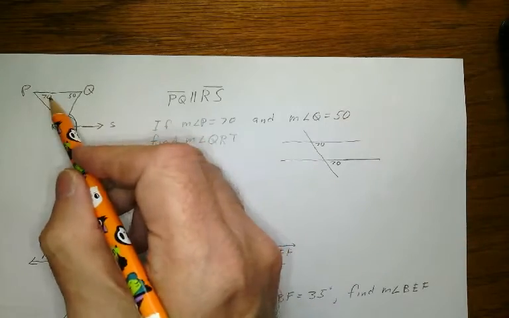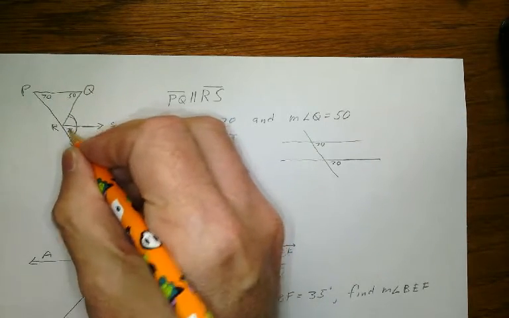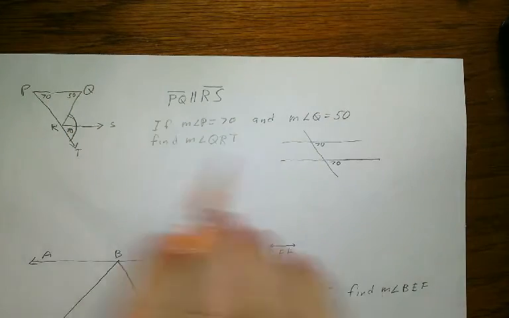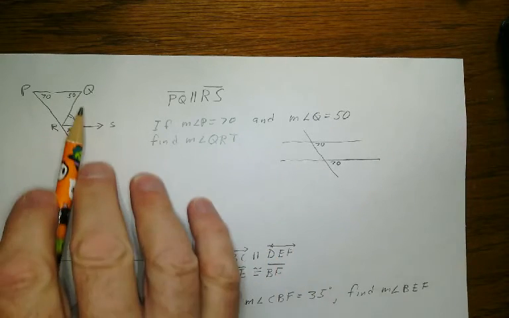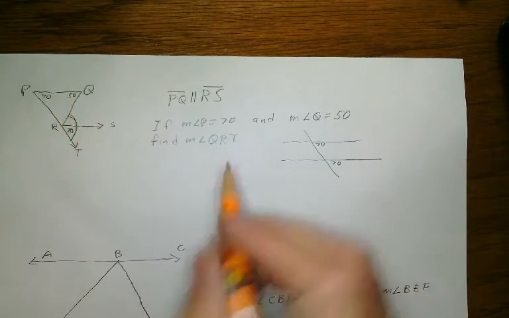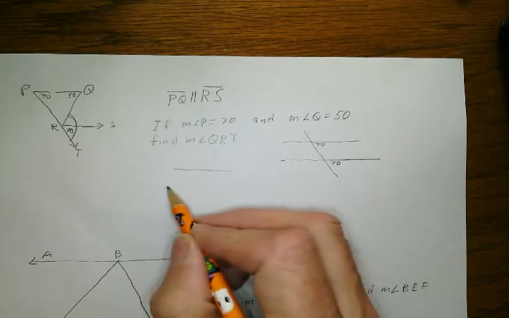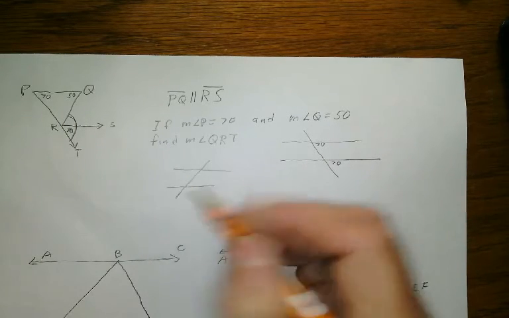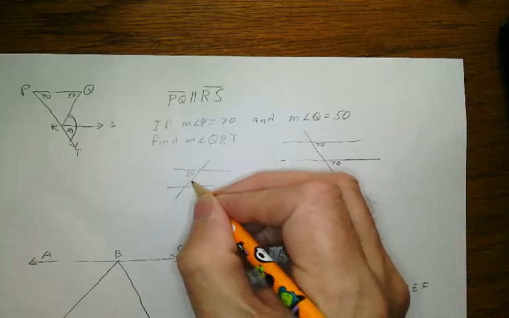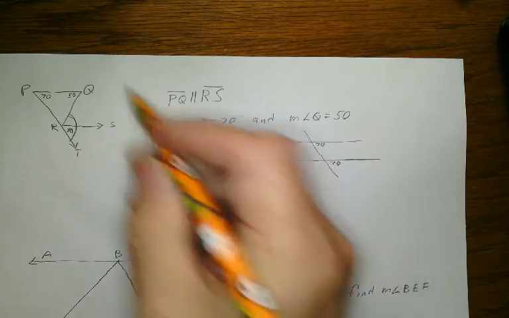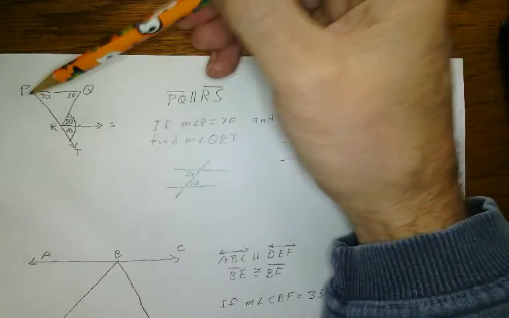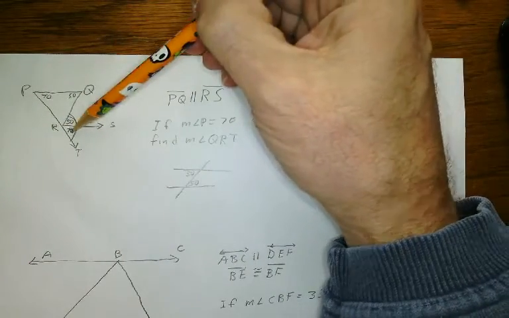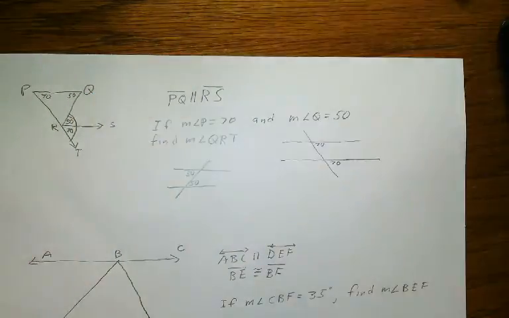It's kind of the same diagram, with just parts of it cut off. Likewise over here. If we know this is 50, we know this is 50. The parallel lines make this 70 and this 70, this 50 and this 50.